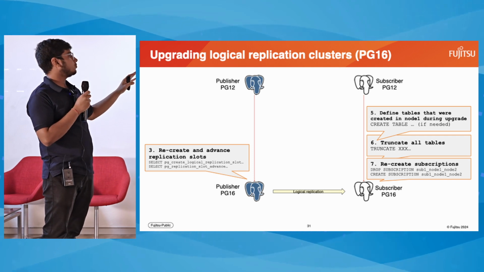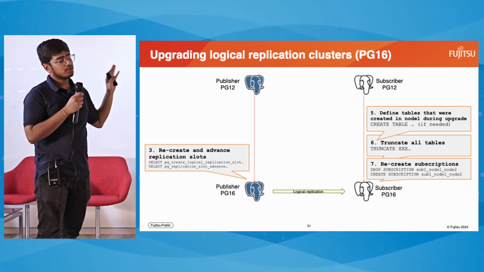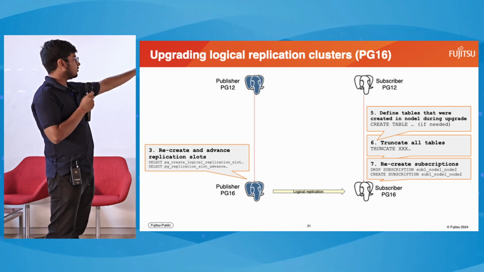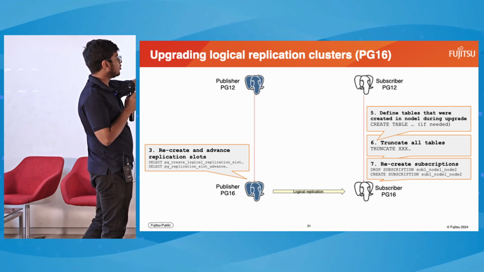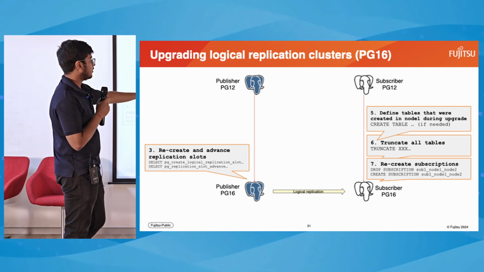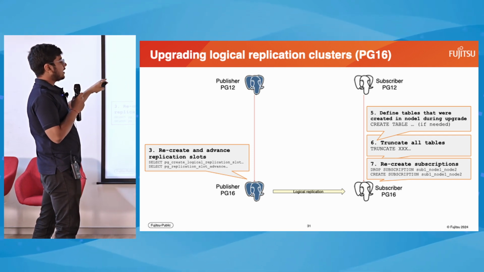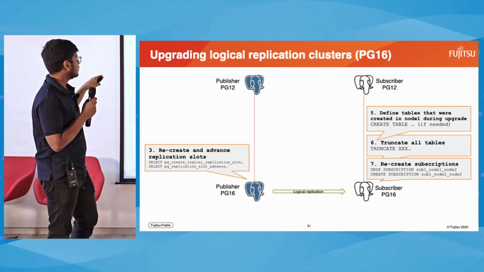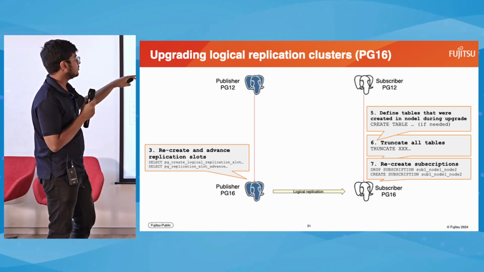during the upgrade process, there can be a case that there are some operations on the publisher side, and since there is no logical replication there, that data will be replicated once there is a connection between publisher and subscriber.